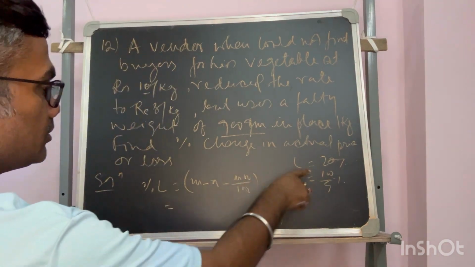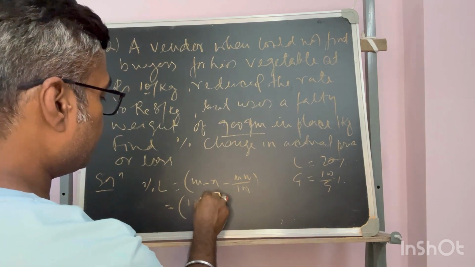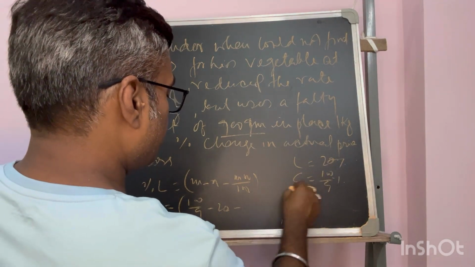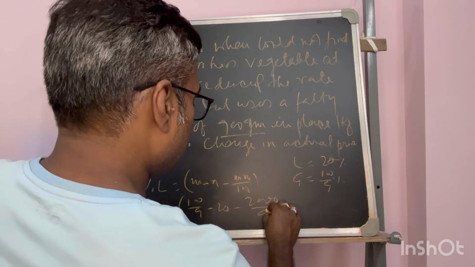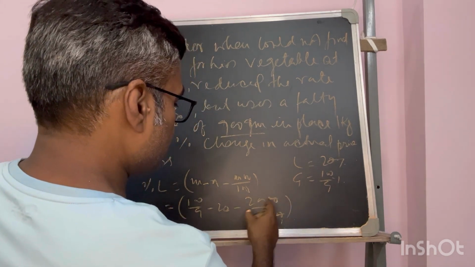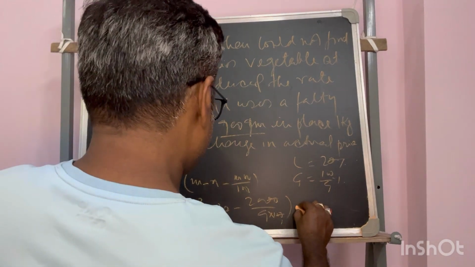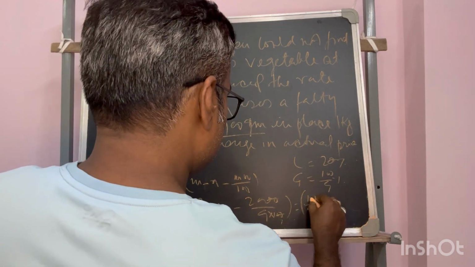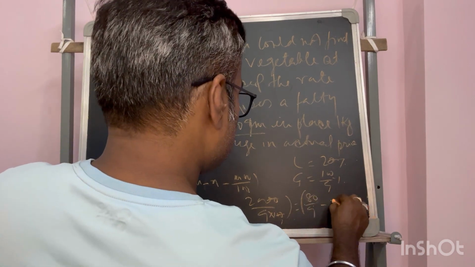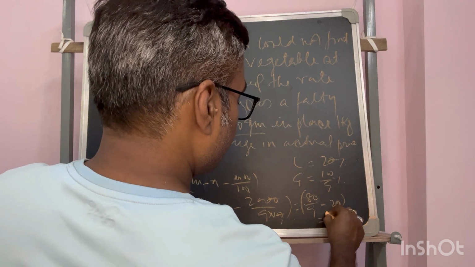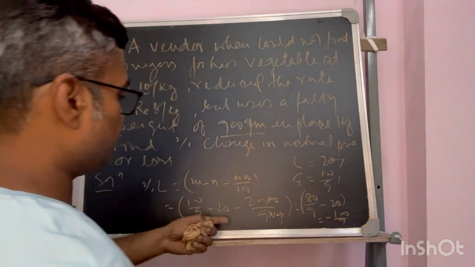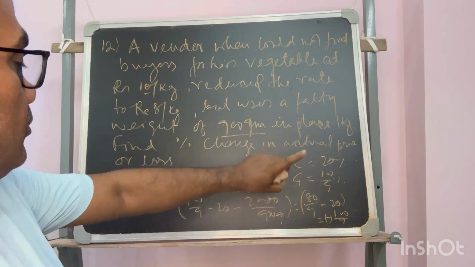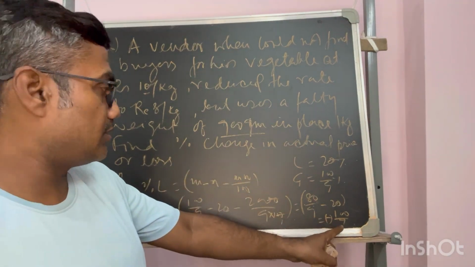Considering the gain as positive, it is 100 upon 9 minus 20 minus the product term, which is 20 upon 9. So this gives 80 upon 9 minus 20, which is 100 upon 9 minus. That minus denotes loss, so I will neglect the minus. This is 100 upon 9, the percentage loss.